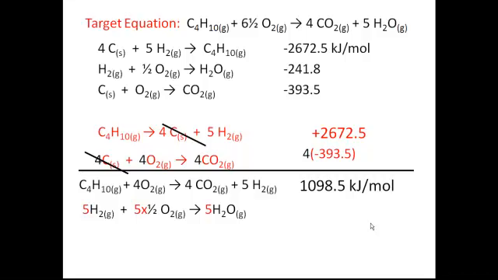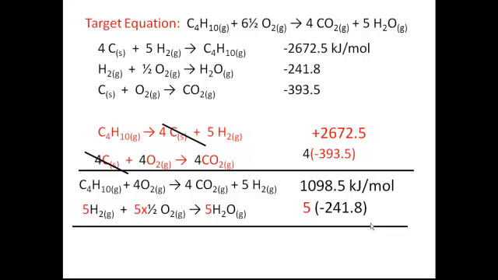Okay, now I know a lot of you don't like fractions, but if you come back to that 5 times 1/2, that's the same as 5 over 2, which is equivalent to 2.5. Just remember that. Now, because I multiplied that equation by 5, I have to multiply the enthalpy value by 5 as well. So now I have 5 times negative 241.8. Okay, at this point I'm ready to add these equations up, so I draw my line.